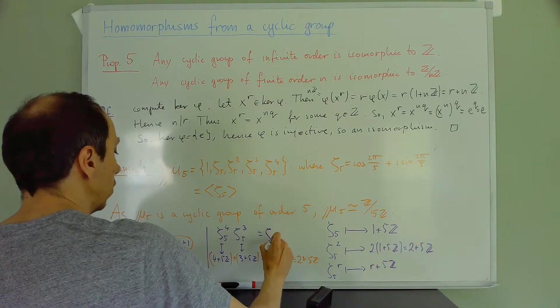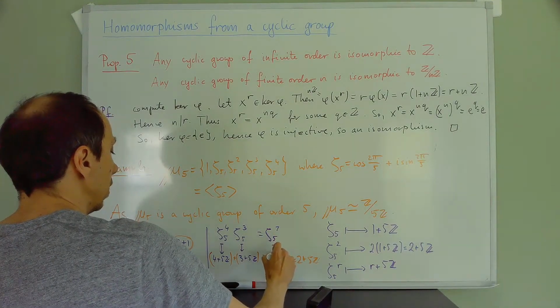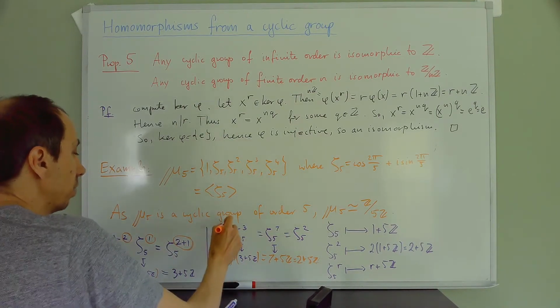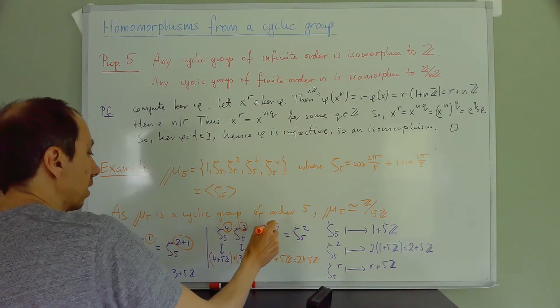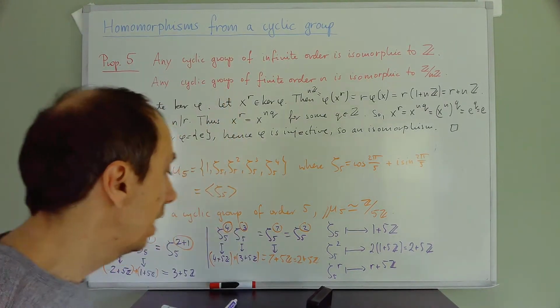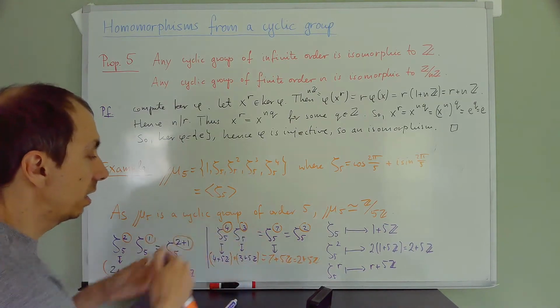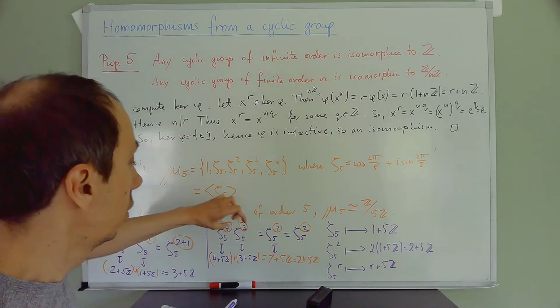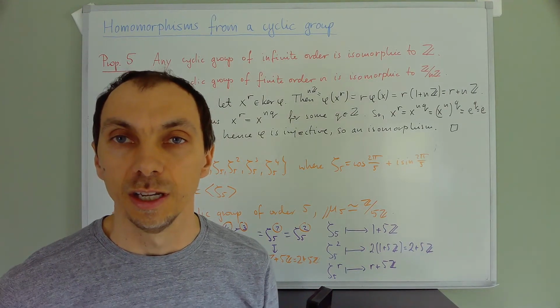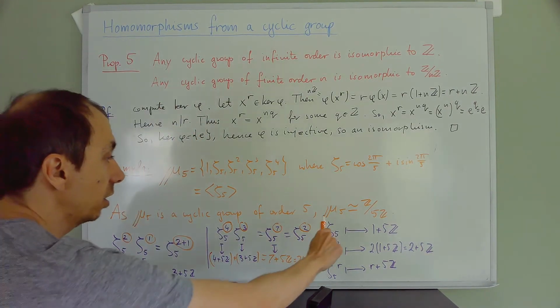This is sent to zeta 5 to the 7, which is the same as zeta 5 squared. So these exponents behave exactly like congruence classes modulo 5. Except you need to multiply the powers of zeta 5 to have them behave that way, while you only add the congruence classes. This is reflected in that isomorphism.